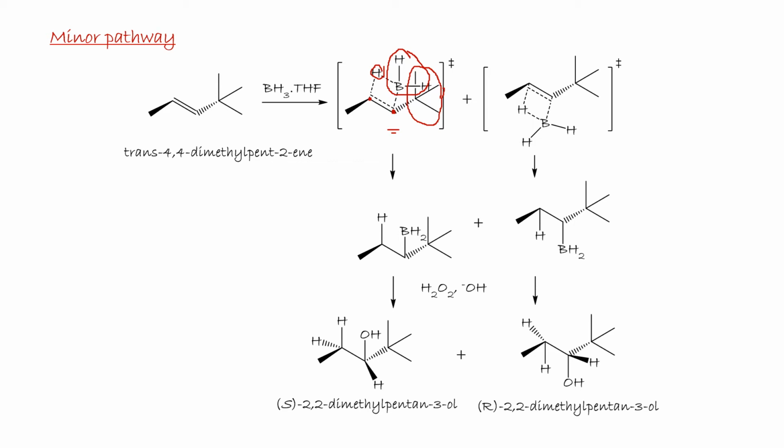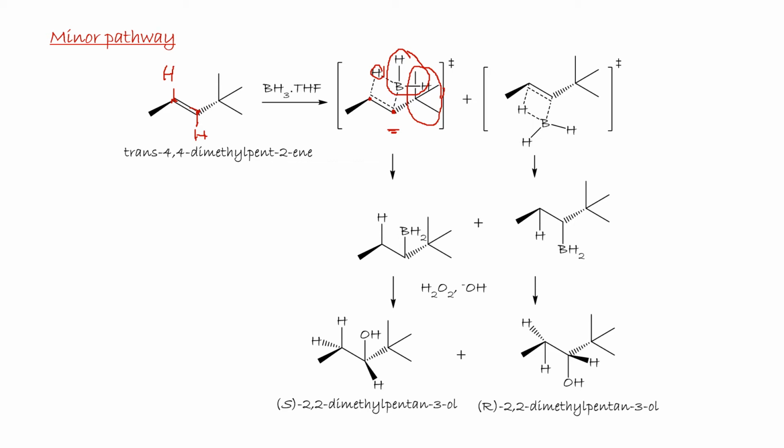Remember that we have here a hydrogen and here another hydrogen. So we cannot say Markovnikov or anti-Markovnikov. These have the same number of hydrogens. So this one will be less stable.